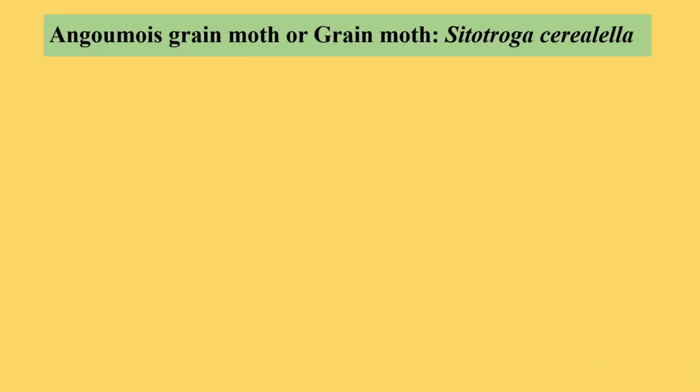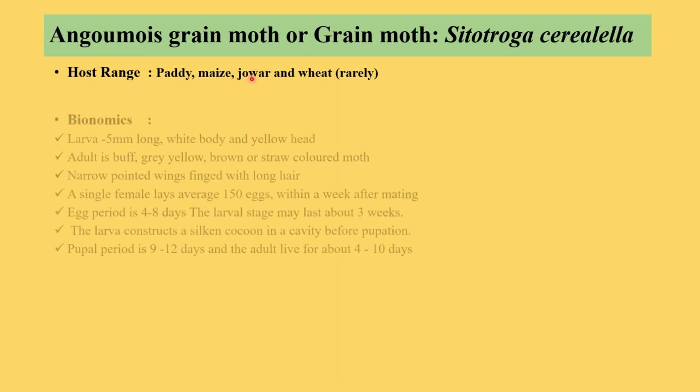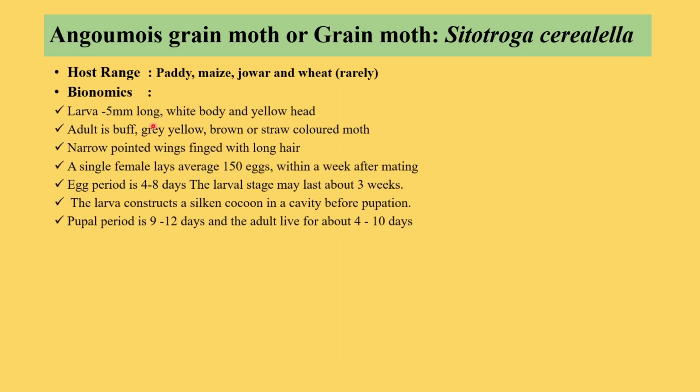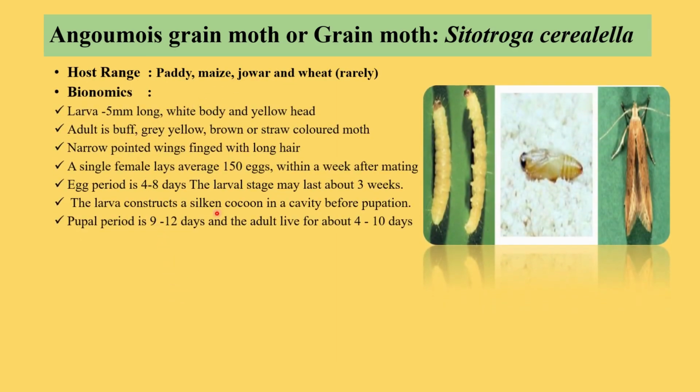Coming to the grain moth, it has a host range of paddy, maize, jowar and wheat. Coming to the larva, it has a 5 mm long white body and yellow head, and in the adult stage it is a grey yellow, brown or straw colored moth with narrow pointed wings with long hair.